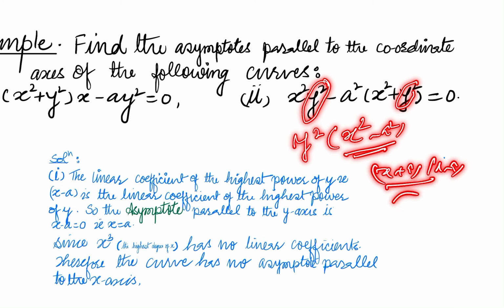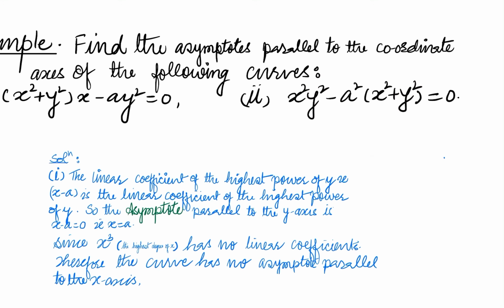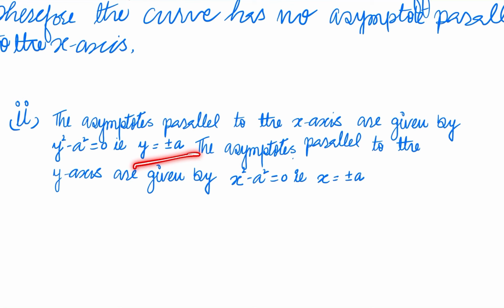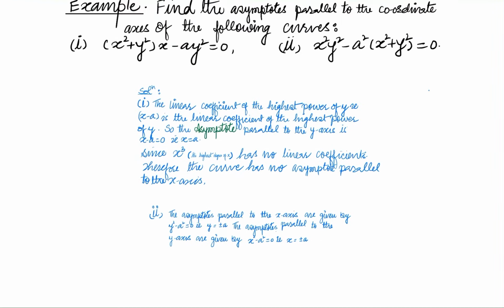When you put it to 0, you get x equals plus or minus a. These will be the asymptotes parallel to the y-axis. Similarly, the asymptotes parallel to the x-axis or y-axis can be calculated. So this is the answer on the asymptotes parallel to the coordinate axis.